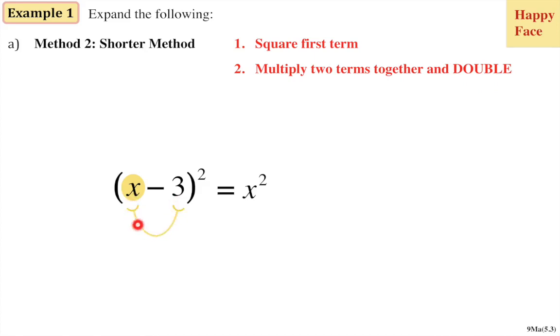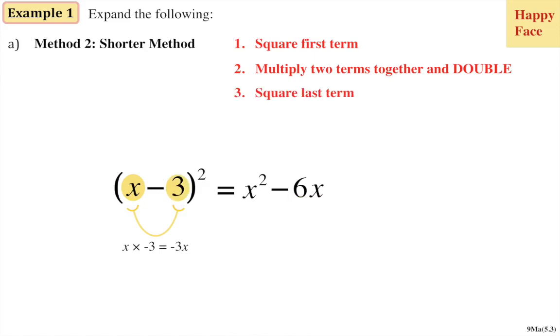Well, x times 3 is 3x. If you double 3x, you get 6x. Because there's a minus there, we're going to get minus 6x. So we times the x and the 3 together to get 3x and double it to get 6x, and the minus carries across. So that was the hardest part about this shortcut.